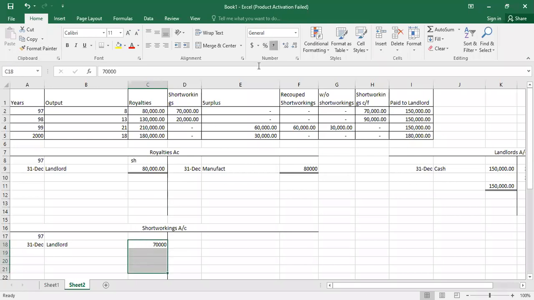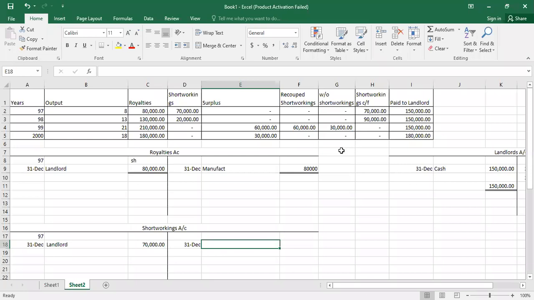So I'm closing my books. It's the end of the year. So as at the end of the year, I'll need to close again the short workings account, and whatever will go now to my trading profit and loss account will be my balance carried forward, right? Which is this 70,000. So that's my short working. You can see it in our table.